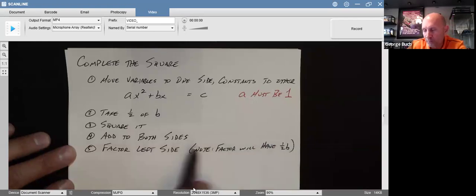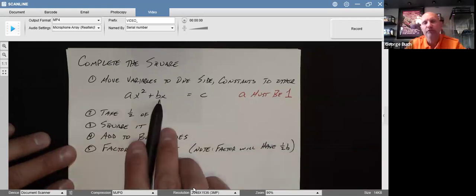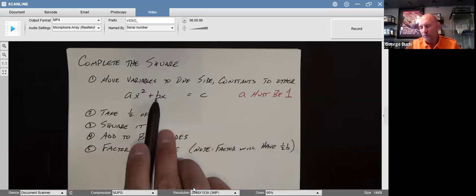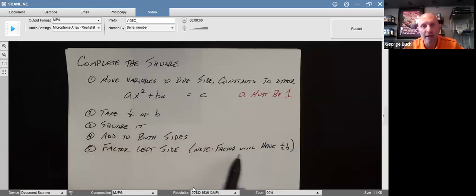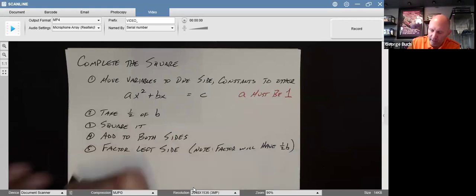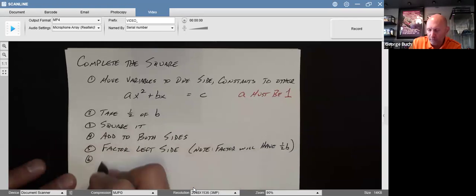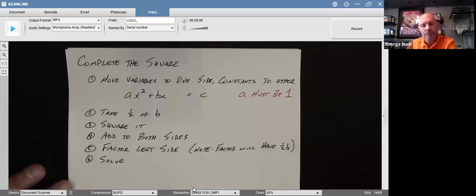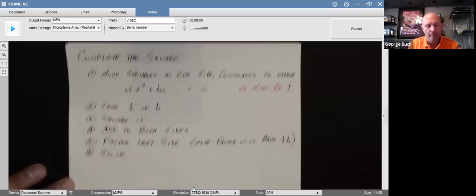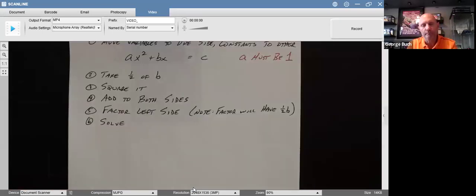So if, let's say this is minus 8x, half of b is minus 4. So when I factor this, it's going to have minus 4 in the factor. And now I have a quote unquote simple quadratic, so then I can solve it. I can take the square root of both sides, plus or minus, and solve it that way.